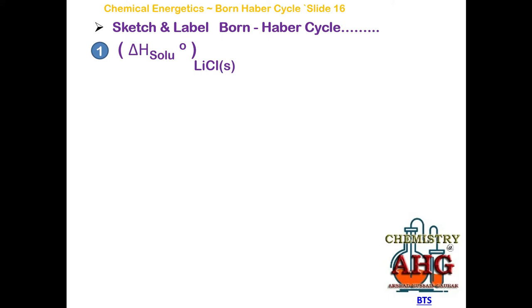Now students, what you must remember, whenever we want to sketch or construct a Born-Haber cycle for the enthalpy change of solution or for the formation of an ionic solution, there are a total of 3 different types of enthalpy changes involved in this type of Born-Haber cycle. One type of enthalpy change is known as enthalpy change of solution. The second type is known as lattice enthalpy if the compound is ionic, and if the compound is covalent, the enthalpy change involved is known as bond enthalpy.